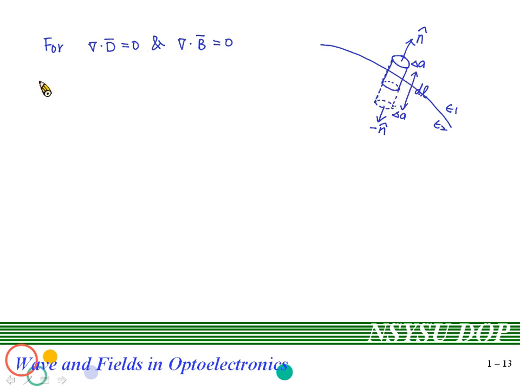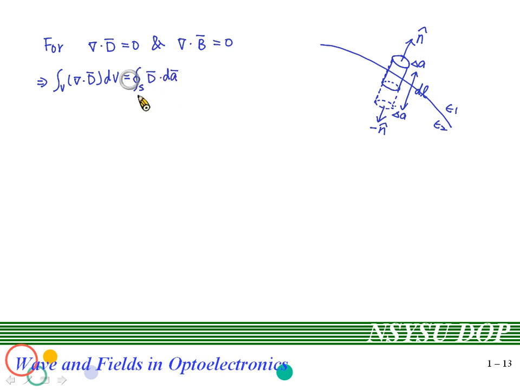So, we perform the volume integral of divergence D in the cylinder. And from the divergence theorem, if you integrate divergence D in a volume, it will be equal to the total outward flux of the D field through the surface of the volume. So the total outward flux is expressed in this way.